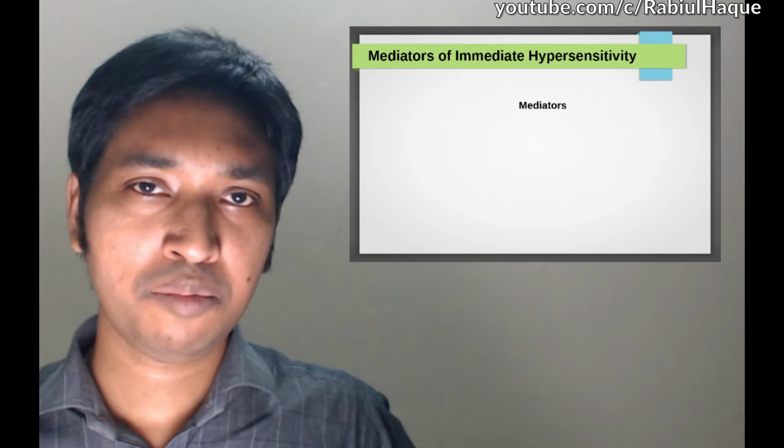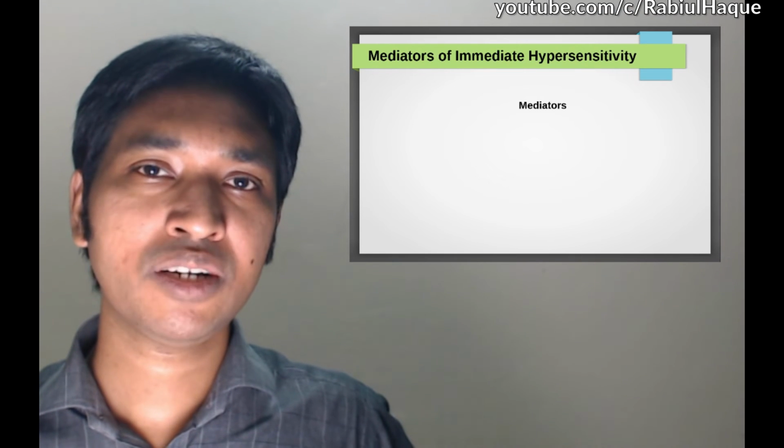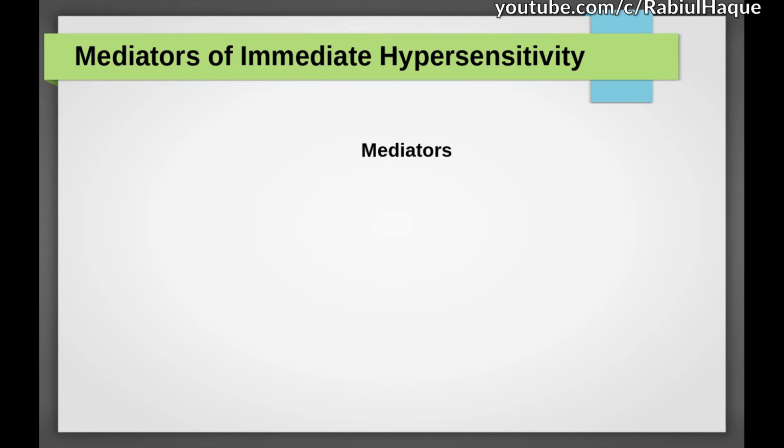Now let's talk about the mediators of type I hypersensitivity. So this slide is summarizing the mediators of type I hypersensitivity. As we can see, the mediators will include primary and secondary mediators. Always remember, primary mediators are preformed. That means they were already present inside the mast cell, stored inside granules.